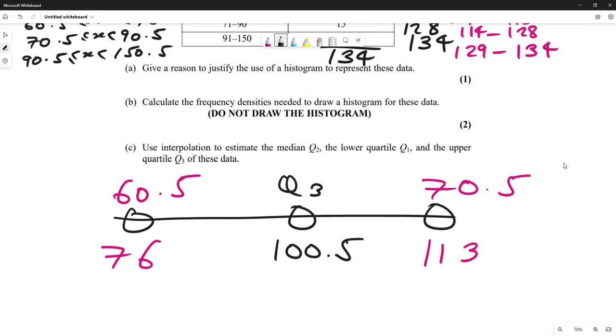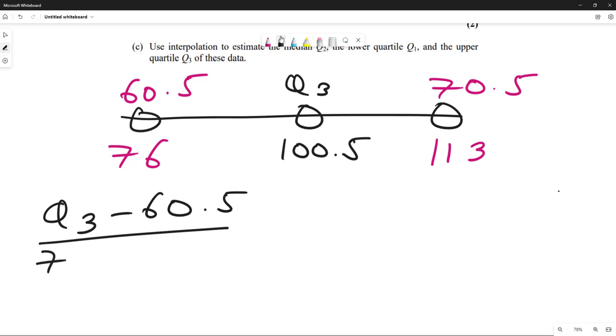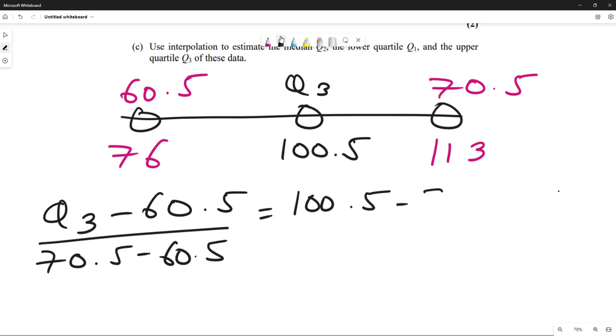So now what we can do is we can now use proportion as before. So we can say that Q3 minus 60.5 over 70.5 minus 60.5 equals 100.5 minus 76 over 113 minus 76.